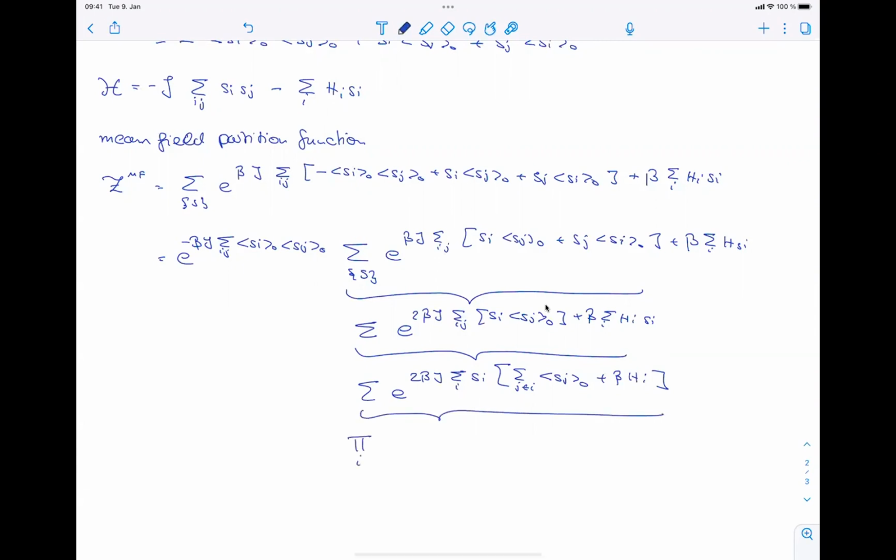So now the partition function for this term results into beta J, and now I'm summing over j neighbors to i of Sj average plus, oh sorry, I had pulled out the beta, so it should not be here anymore.